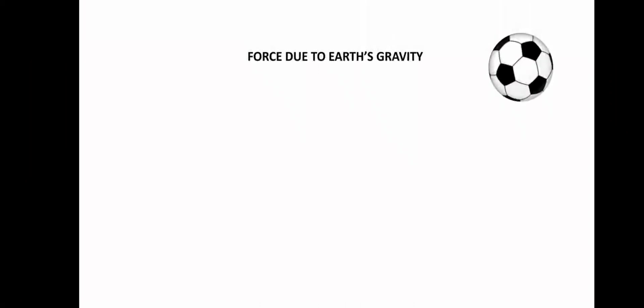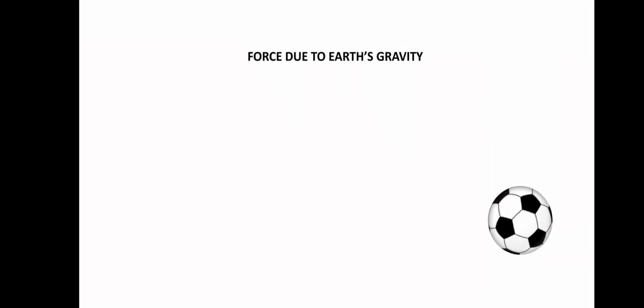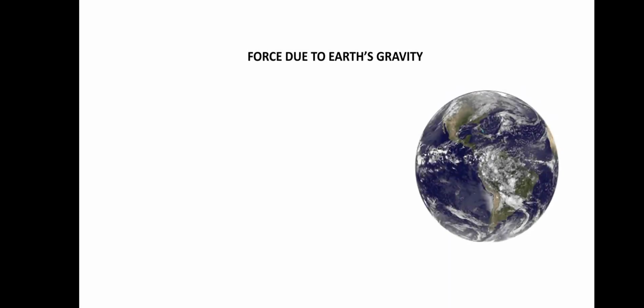Force due to Earth's gravity. Now, since any object, if released, falls towards the center of the Earth, let's assume that this Earth has the mass of capital M, and the mass of any object is small m.